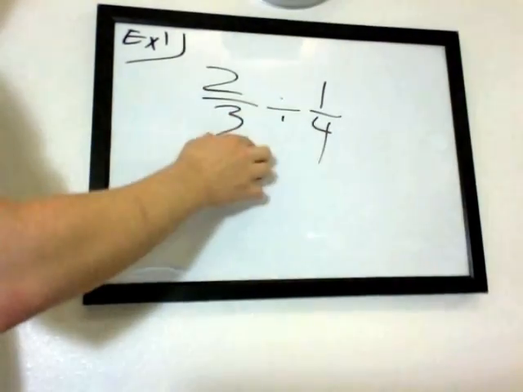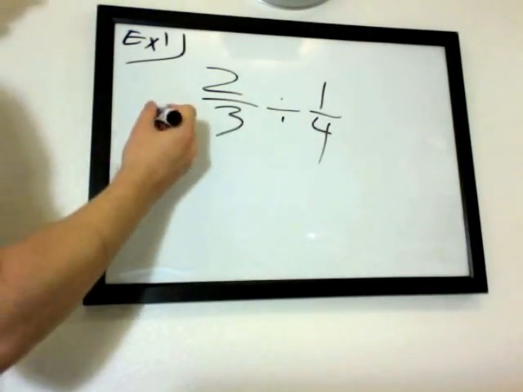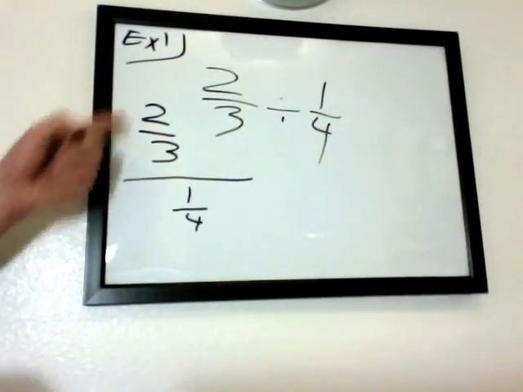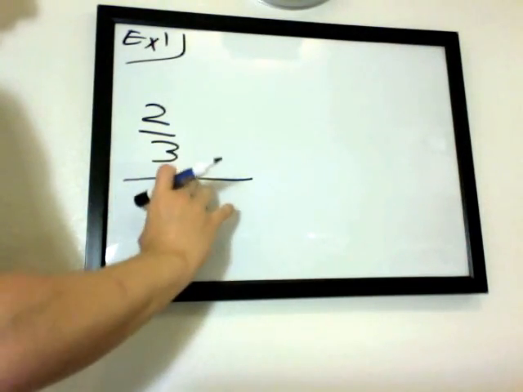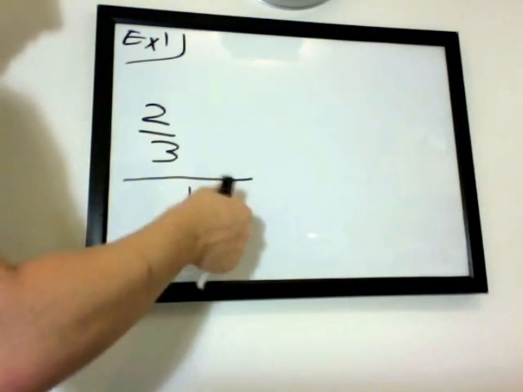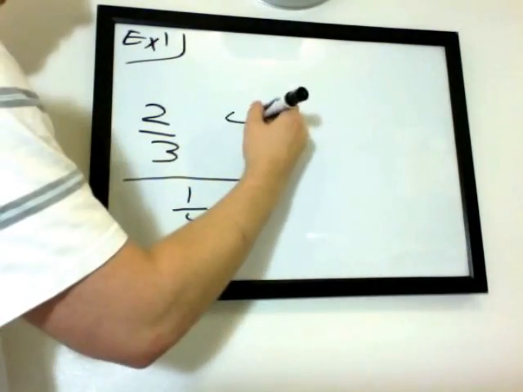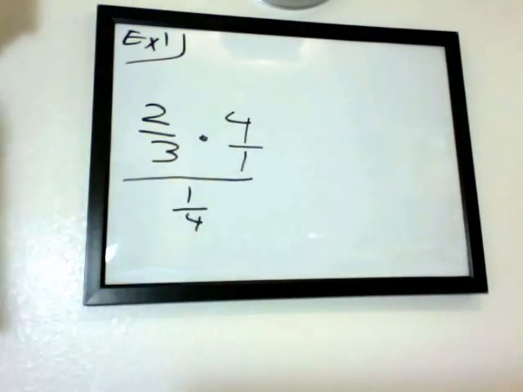You could also write this problem, 2/3 divided by 1/4, as a big fraction. All you have to do at this point is take the reciprocal of the bottom, the denominator, and flip that fraction, 4 over 1, and multiply it.